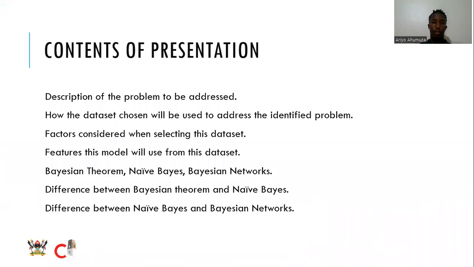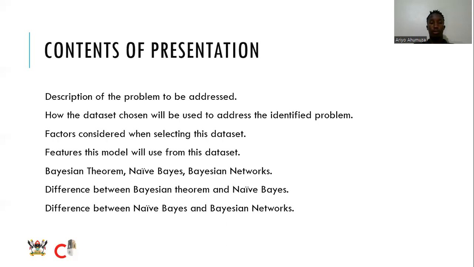The contents of this presentation shall include the description of the problem that we're going to address, how the dataset that I chose to help solve this problem will be used to address this problem in particular, factors I considered when choosing this dataset, features the model will use from this dataset, and also we shall go through Bayesian theorem, naive Bayes, and Bayesian networks.